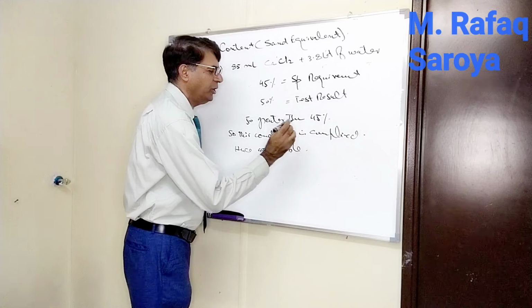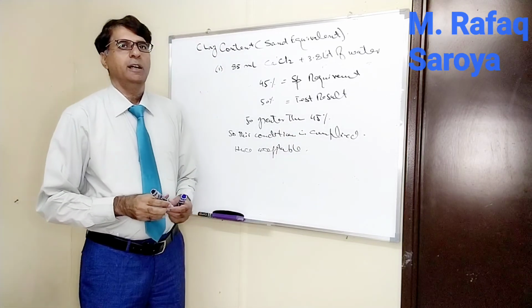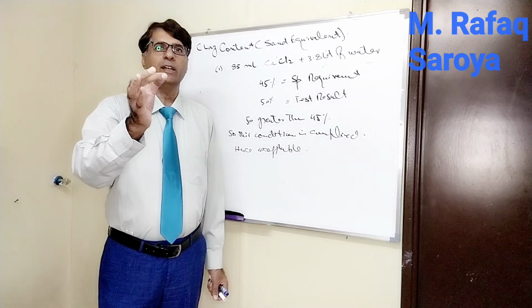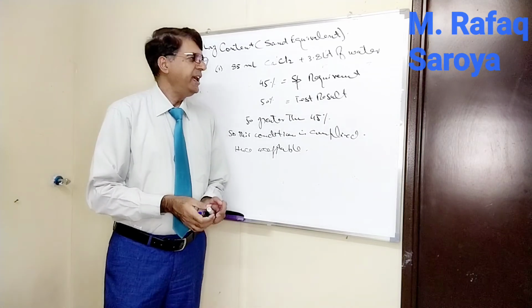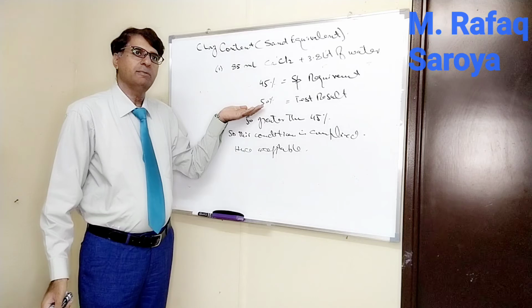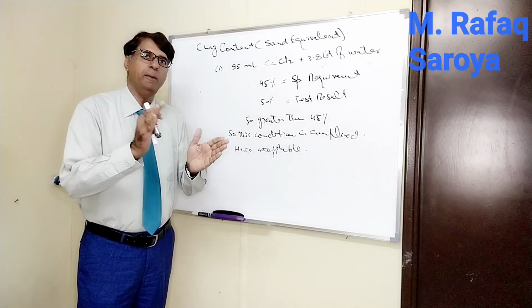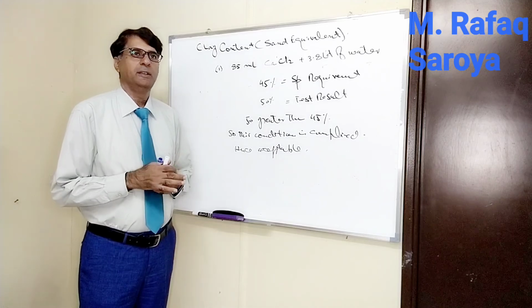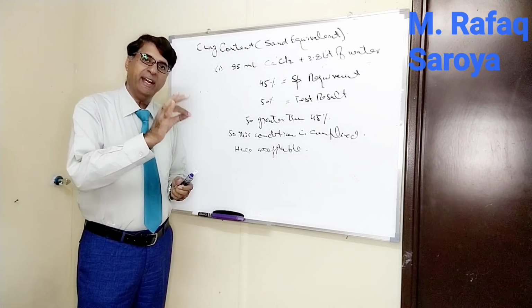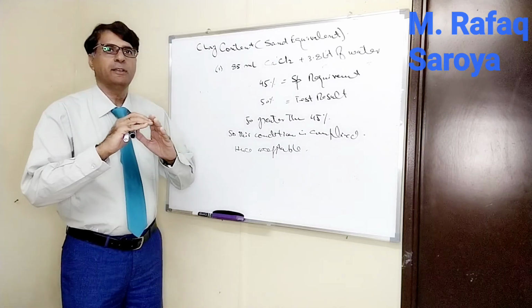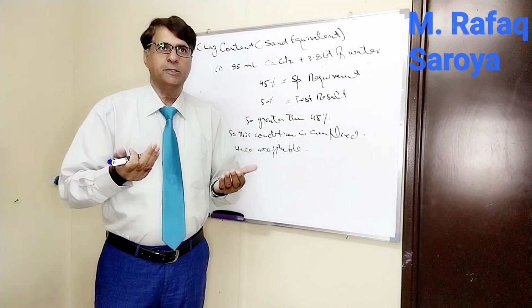Here I would like to tell you one thing. I have explained all four consensus properties, and at the end of each description I have told you it is meeting the requirement of the Superpave specification. When all four have met the Superpave specification, it means my consensus properties are satisfied.